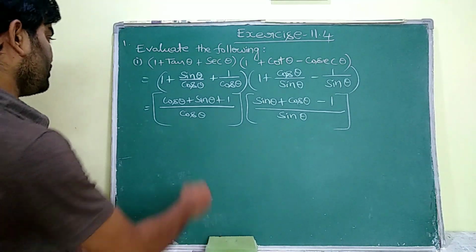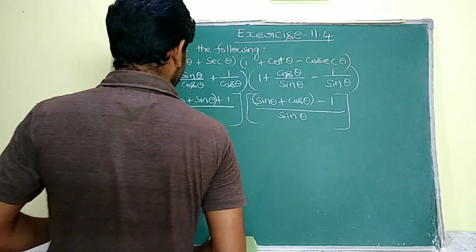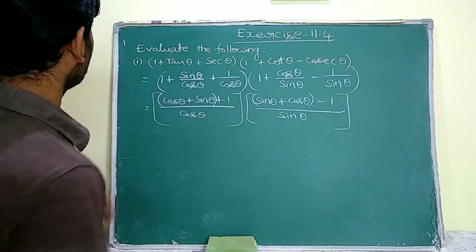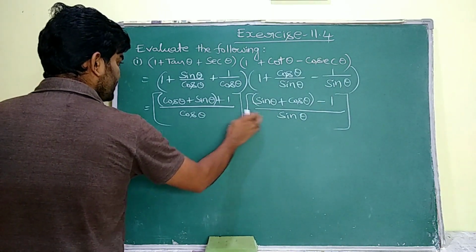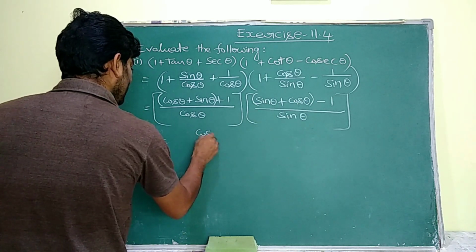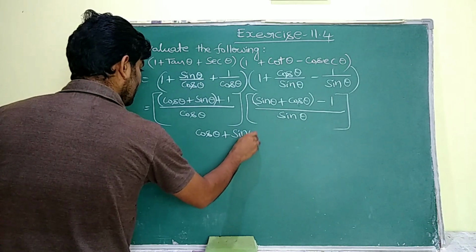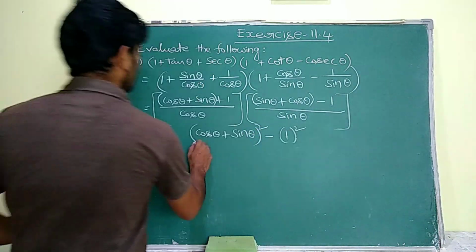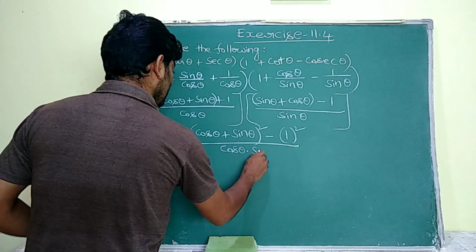Now observe that cos theta sin theta and cos theta sin theta are the same. From these two terms it is like (a + b)(a - b). So this can be expressed as ((cos theta + sin theta) whole square minus 1 square) by cos theta into sin theta.